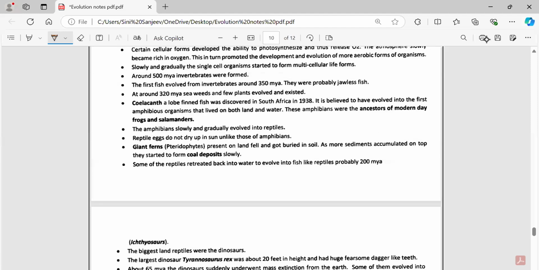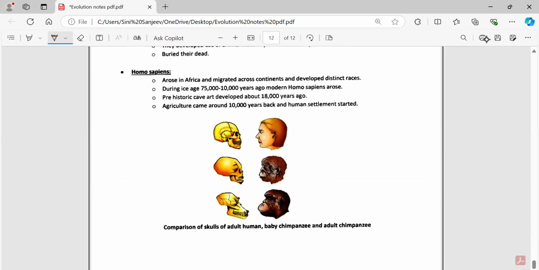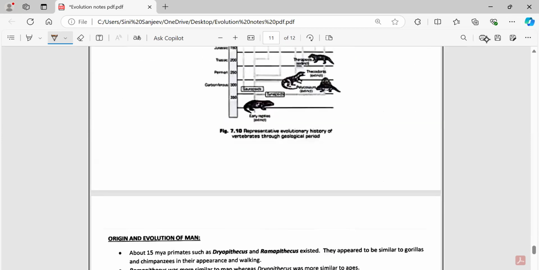Okay, so first of all, whenever you talk about evolution, there are four eras which you must consider. And what are those four eras? I'll just write it over here. The first one which you have is the Proterozoic.